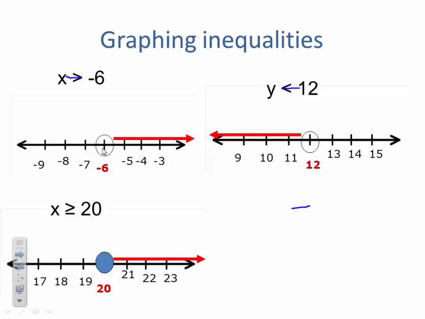So because it's an open circle, that tells us that we're not counting -6, we're counting everything to the right of it. Are we counting the 20 here? Yes, we're counting the 20. That's why it's filled in. We're counting 20 and everything to the right. So be careful with the difference. If you don't have the equal sign underneath, it's an open circle. If you do have the equal sign, it's a closed circle. All right, stop the tape, try the last one on your own.